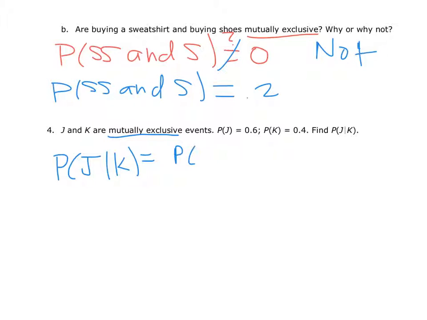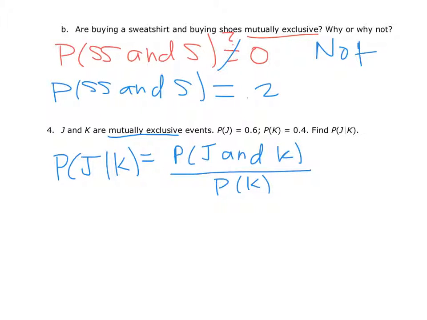So we have the probability of the AND event, J and K, and then that's over the probability of the given event. And remember, the given event is the one that comes after that little vertical line. It's the conditioning event, so the probability of K.